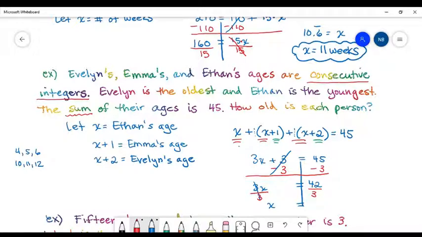And I get x equals 14. So remember, X was Ethan. Ethan's 14. The kids' ages are consecutive, so Emma must be 15, and Evelyn must be 16. So their ages are 14, 15, and 16.